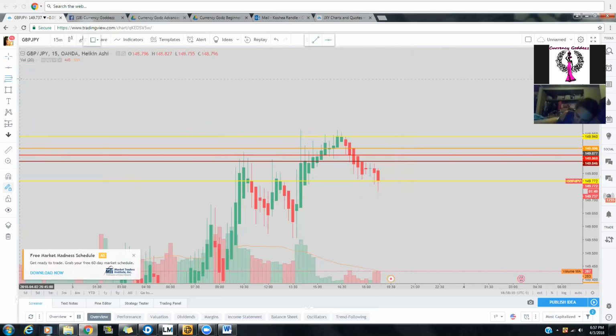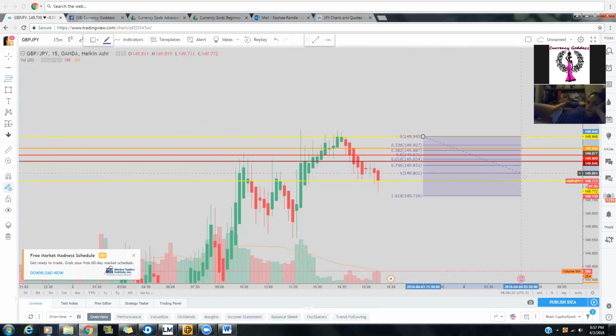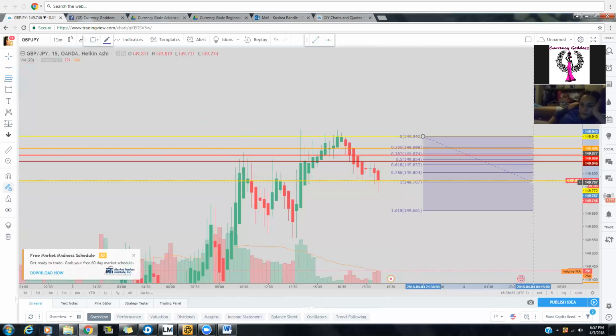So we got to get our entry point. And because this is bearish, we're going to go from high to low again. So we're going from our resistance down to our support. And then we need our dashed line.